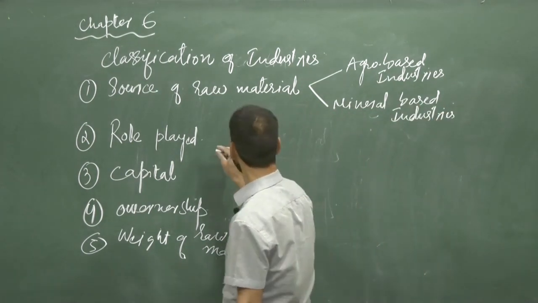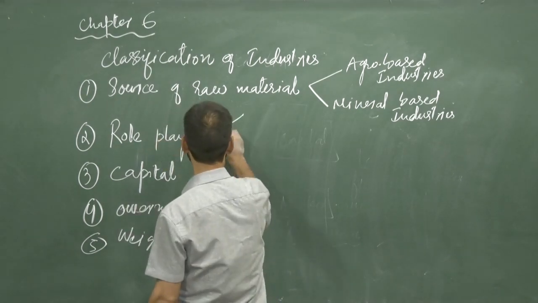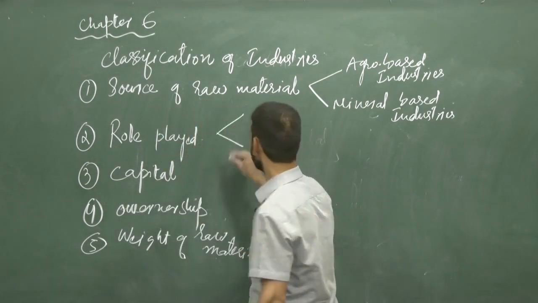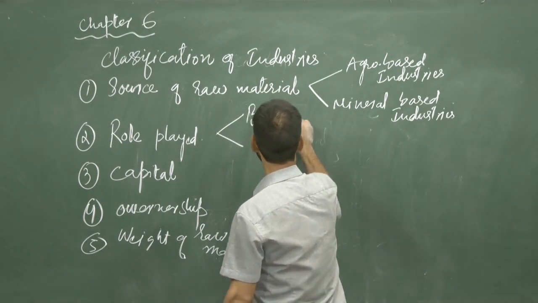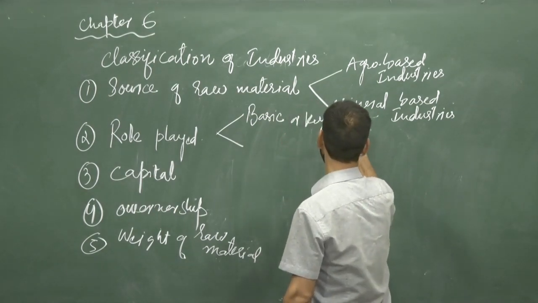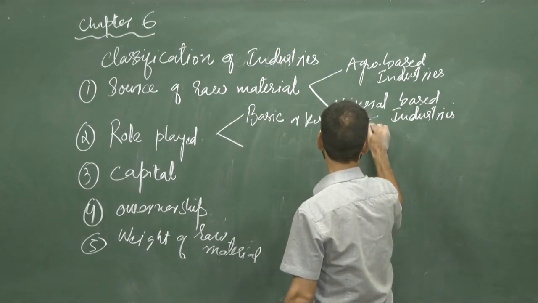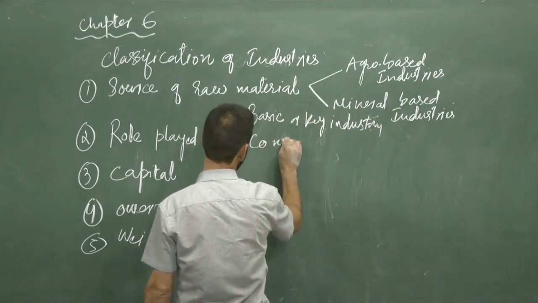On the basis of role played, there are two types of industries: basic or key industry, and consumer industry.